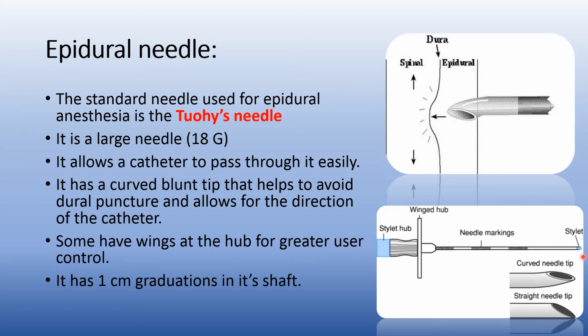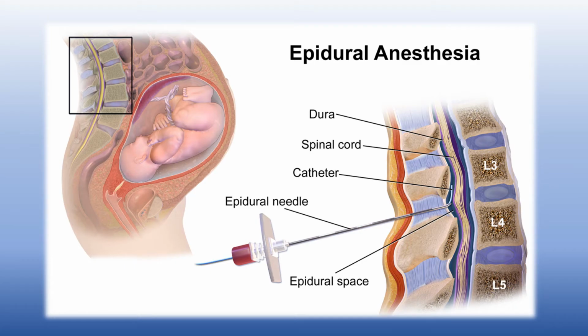It has 1 centimeter graduation in its shaft, as we can see in this picture. And this picture shows that the catheter inside the needle is guided by the curved tip to the direction that we want to thread our catheter in.